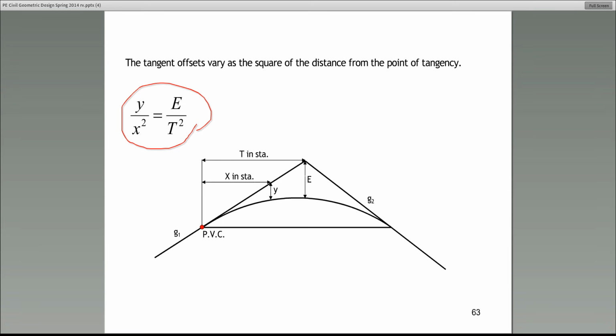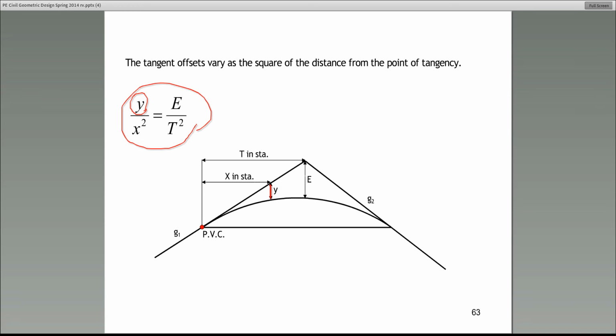It is a very simple equation. Let's find out what the ingredients are. In this equation, y is the offset. So what we're calculating is the offset.